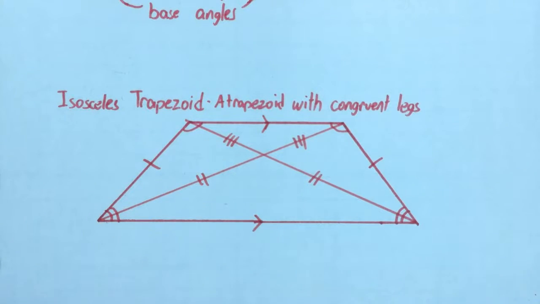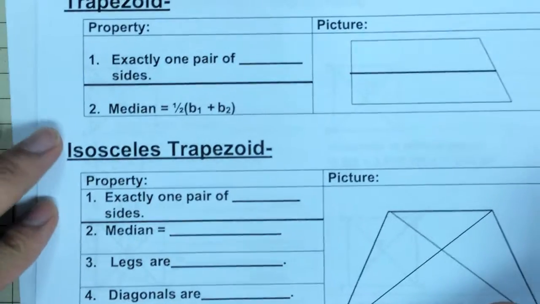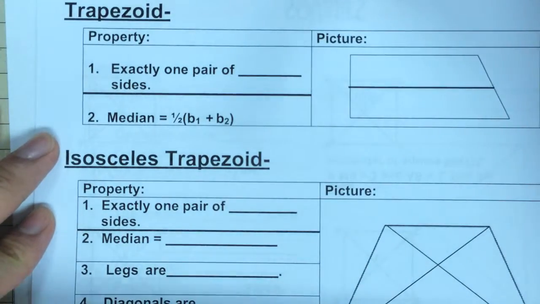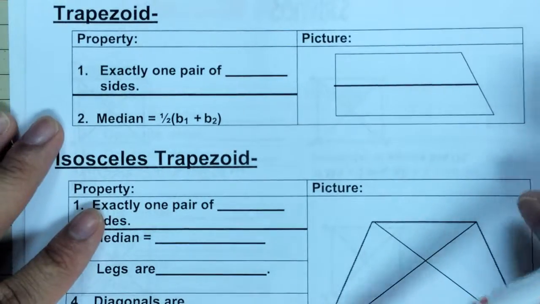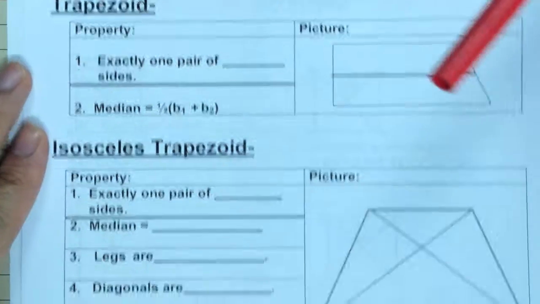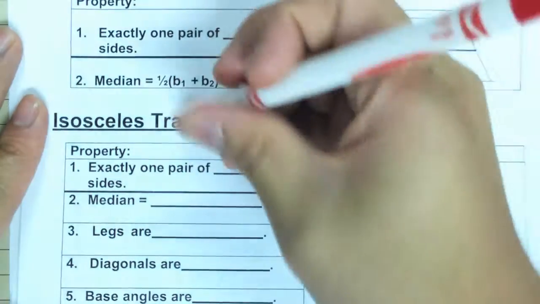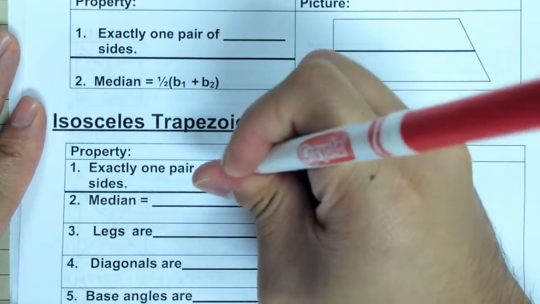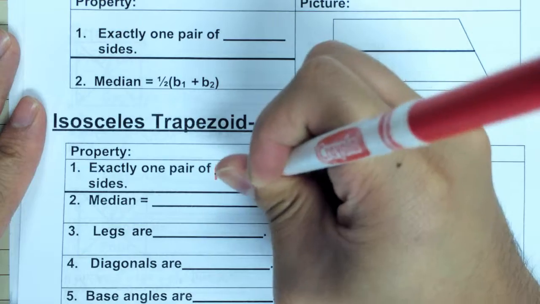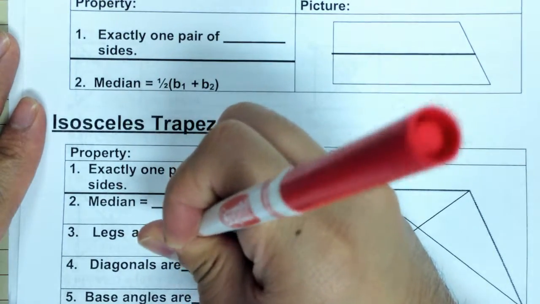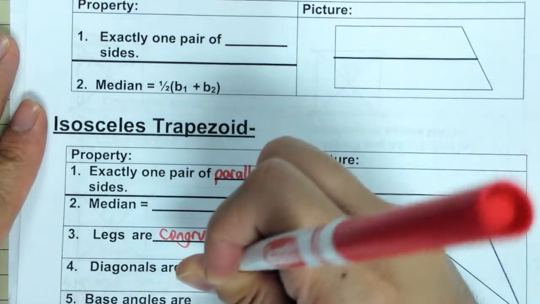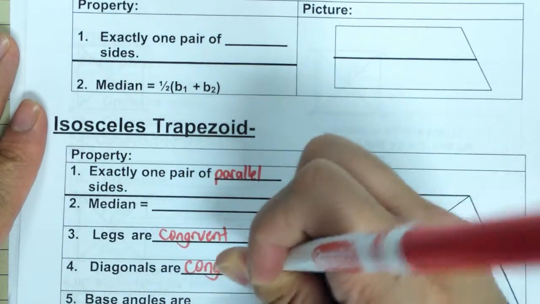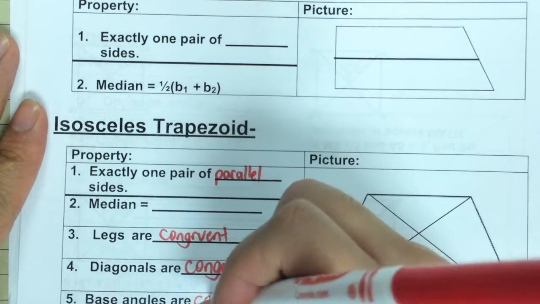So I want to go ahead to my examples and show you a couple of examples involving trapezoids. Alright, trapezoid. This right here, one pair of parallel sides, legs are congruent, diagonals are congruent, and base angles are congruent.